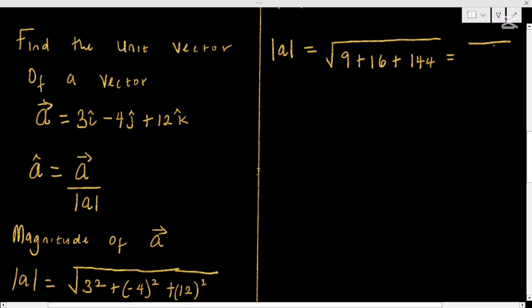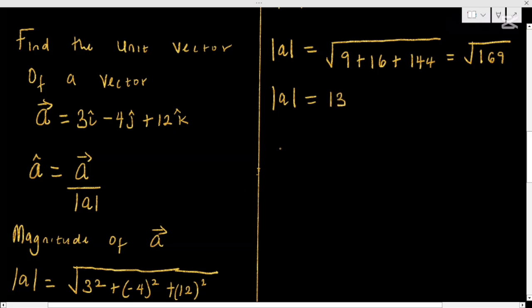This will be equal to 9 plus 16, that is 25. 25 plus 144, that is 169. So it implies that the magnitude of A will be the square root of 169, that's 13. It's as simple as that.